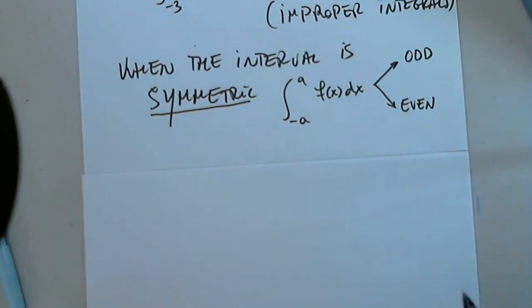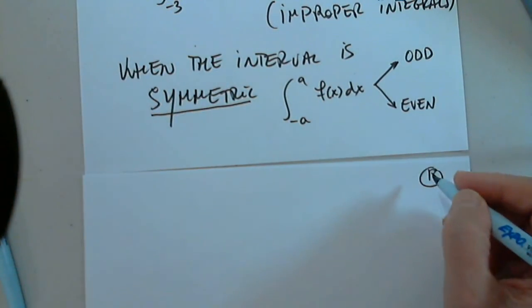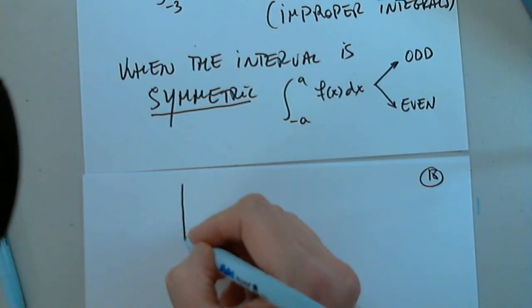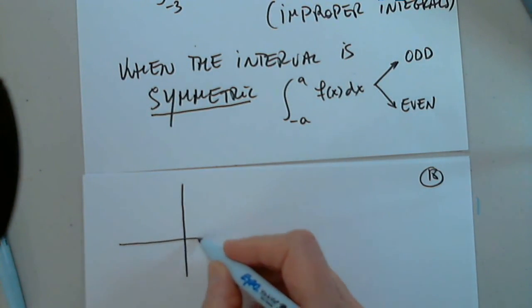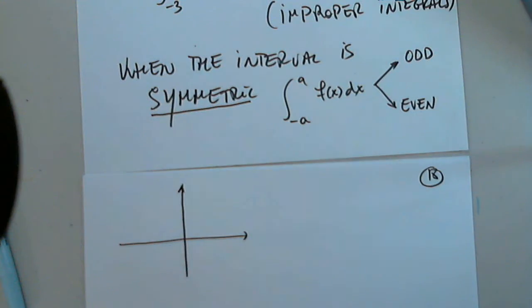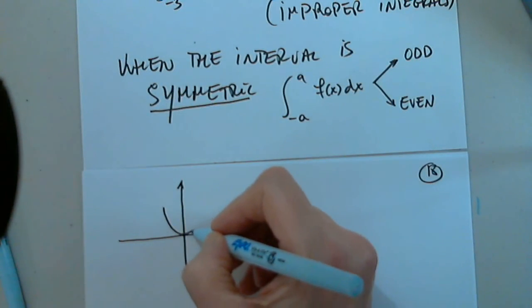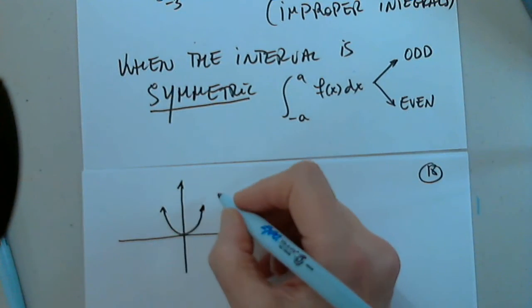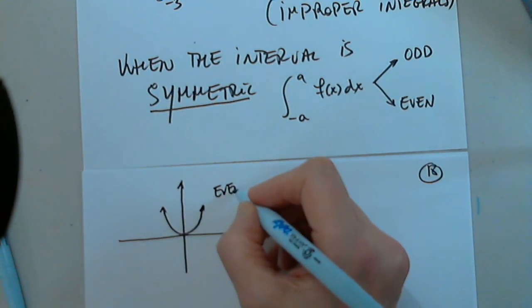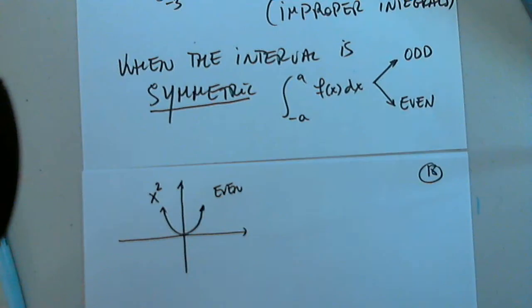I know that this is a function that is even, and this is x squared.